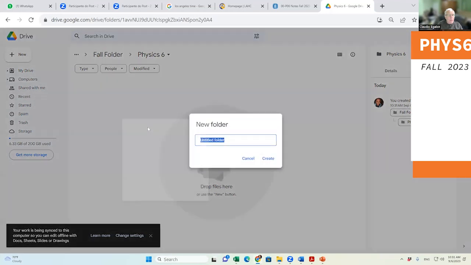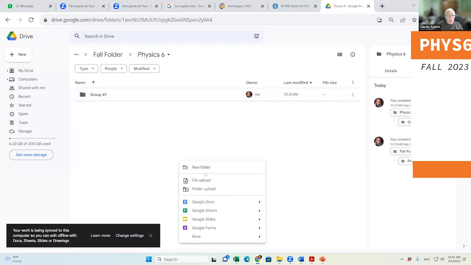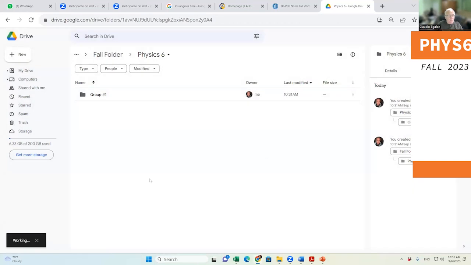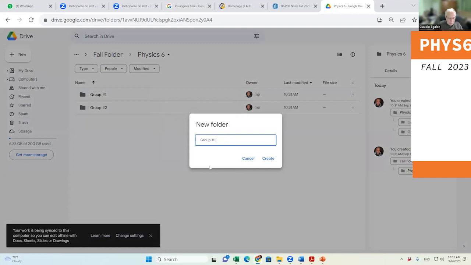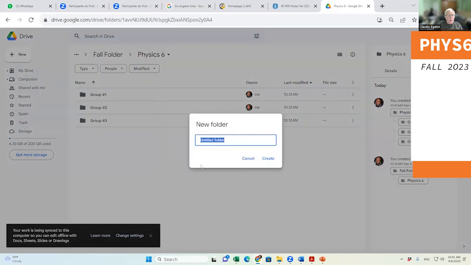Now I'm going to create group 1, group number 1. Group number 2. Group number 3. Group number 4.